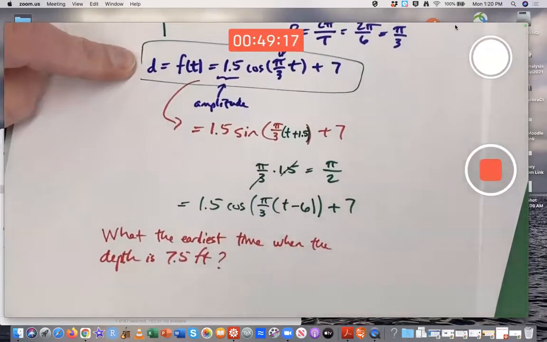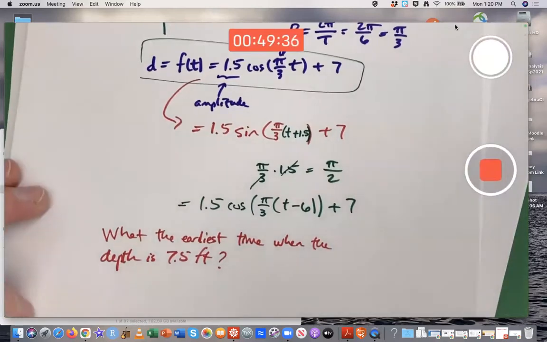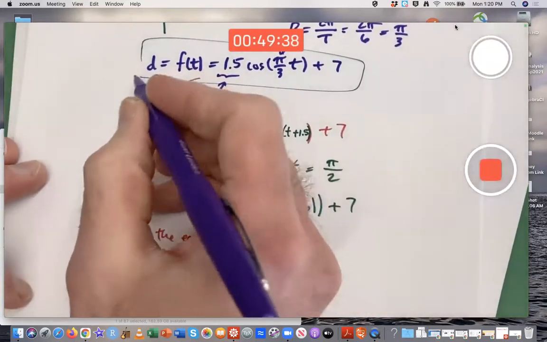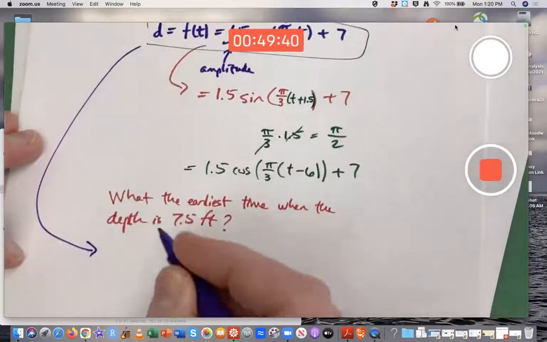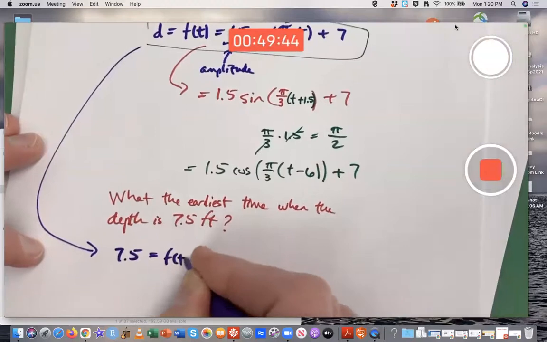Using this, set D equal to 7.5 and solve for t. 7.5 equals f of t, solve for t.